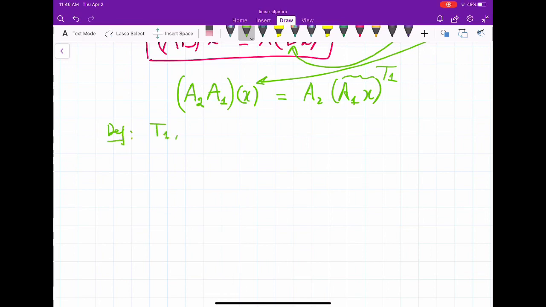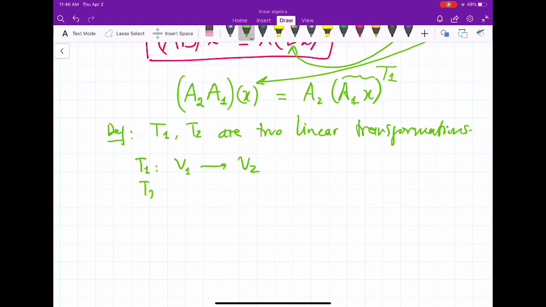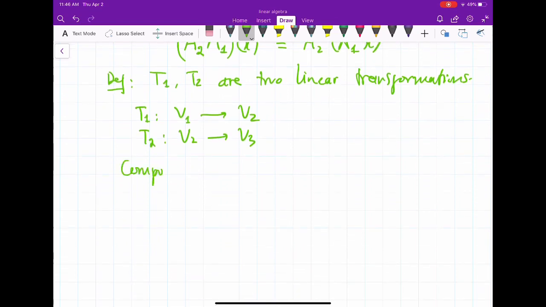Make sense? So overall, from this picture, you define the following. If you have T1 and T2 as two linear transformations, let's say T1 from V1 to V2 and T2 from V2 to V3, where V1, V2, V3 are vector spaces, you might consider a composition of T2 with T1, which is equal to T2(T1(.)).